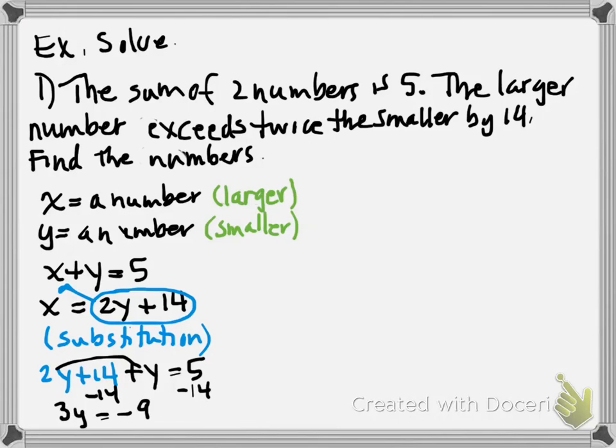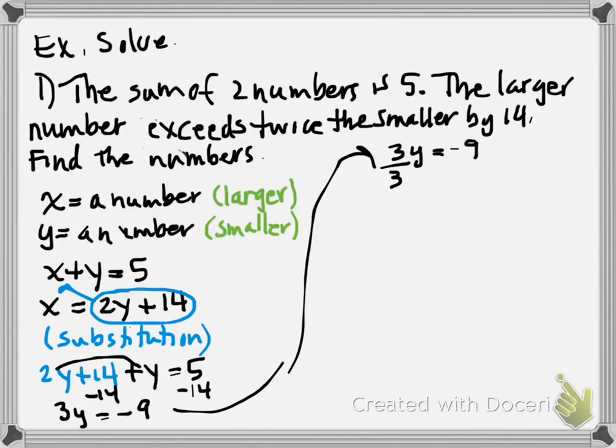Now I'm going to continue my problem over here. We have 3y equals negative 9. Divide both sides by, sorry, positive 3, and we get y equals negative 3. Now I'm going to substitute that value back into either original equation. It really doesn't matter which one. I think this one's pretty easy, and I'm going to solve for x.